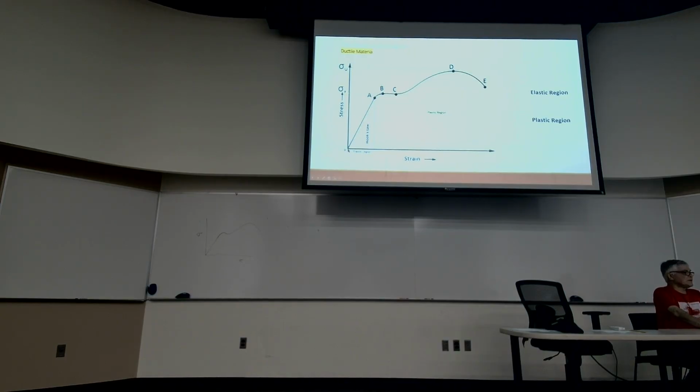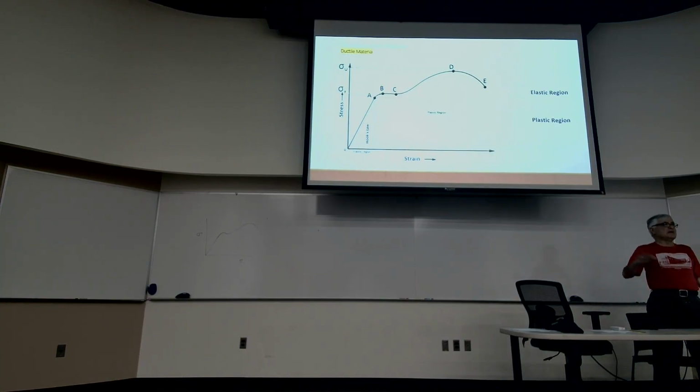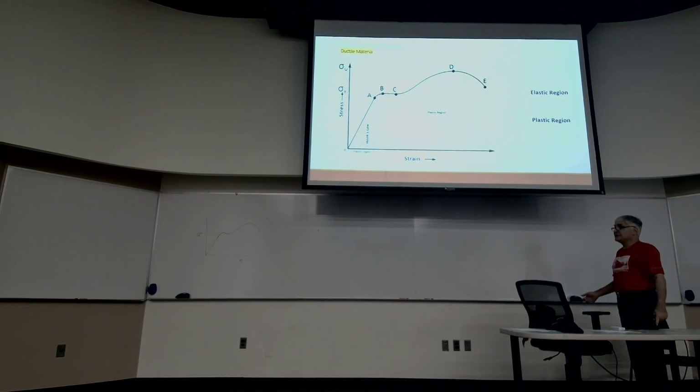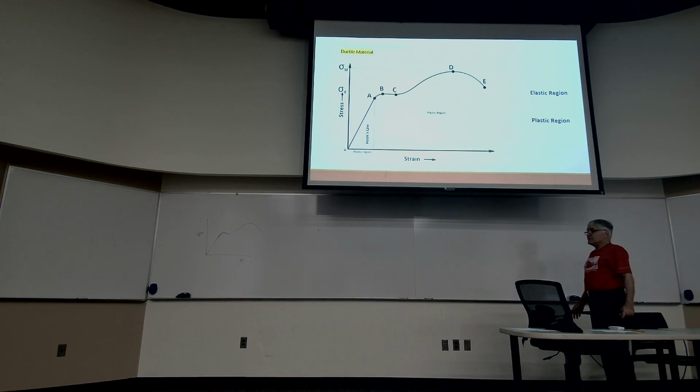Well, as you can see, we start out with a straight line from the origin to point A. In all the problems that we solve in this class, we never go beyond point A. So we stay in the linearly elastic region.